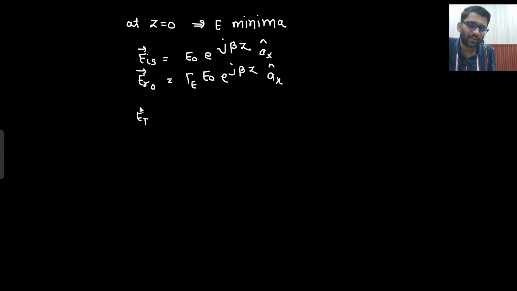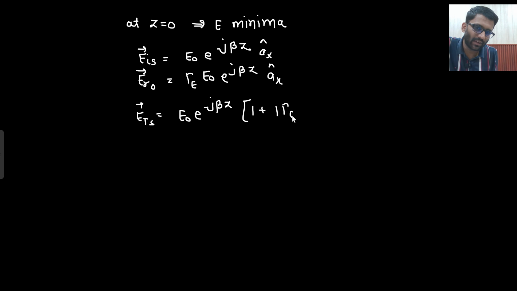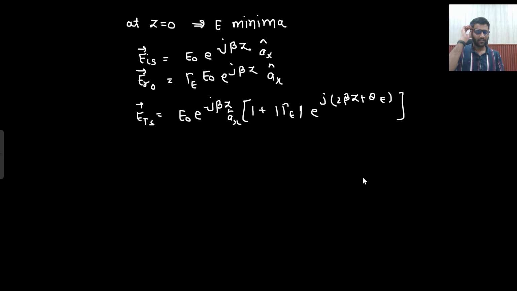What will be the total? That would be E0 e^(−jβz) [1 + |Γe| e^(j(2βz + θe))] ax. Say yes or no? Can you write it down very carefully and easily?